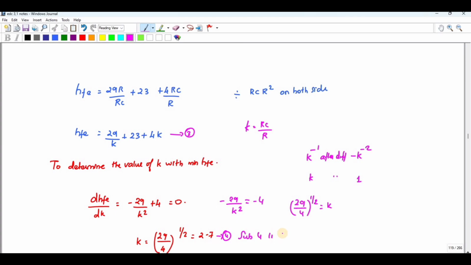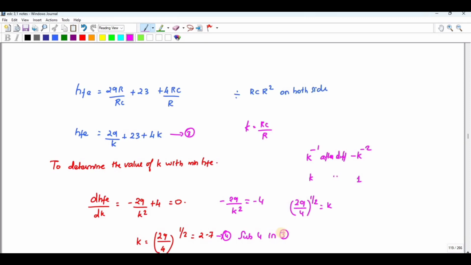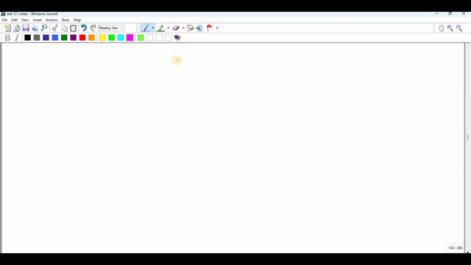That is 2.7. You substitute this value of k in 3. So if you substitute this in 3, you will get the value of HFE, right? What is the value you will get?